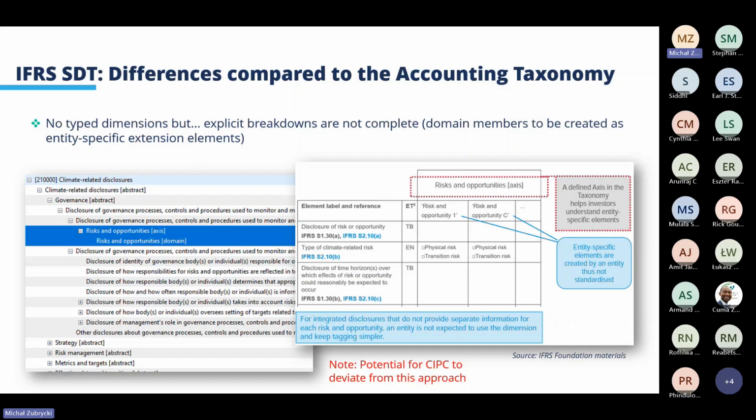I guess once the final taxonomy is out, we may expect also some slight changes to the one that we are seeing right now in the proposed taxonomy. So I guess the safest thing to say would be that we should still wait for some review of the feedback by the foundation. They will probably publish some sort of a summary of what they received from the market and how the taxonomy can still evolve both technically and content-wise.